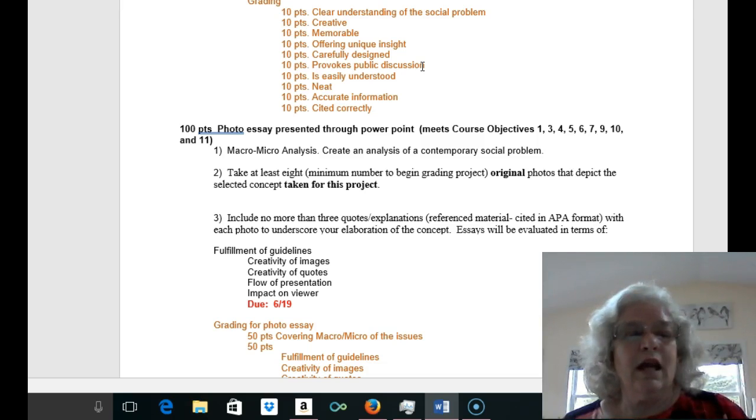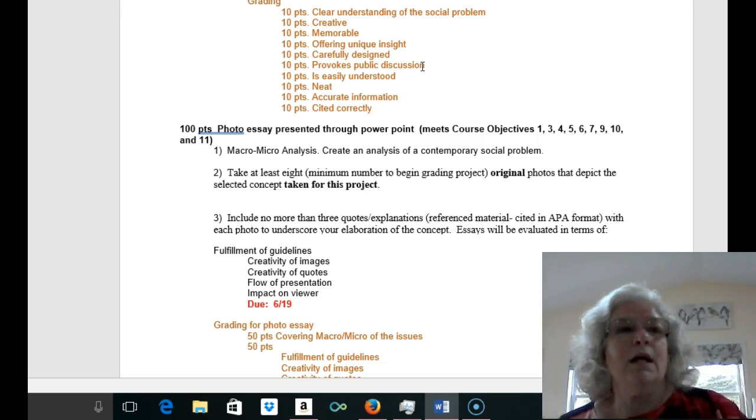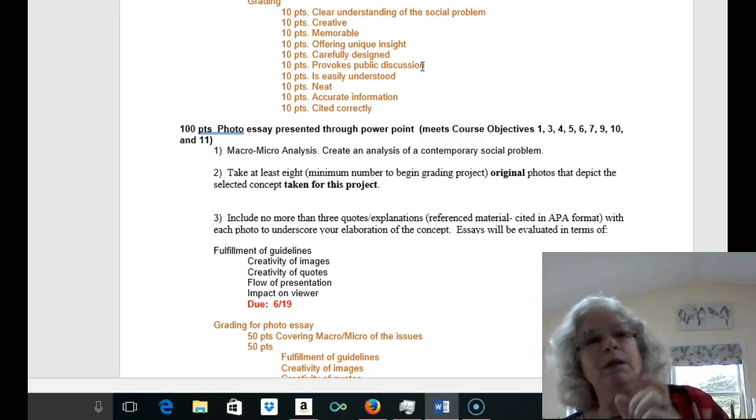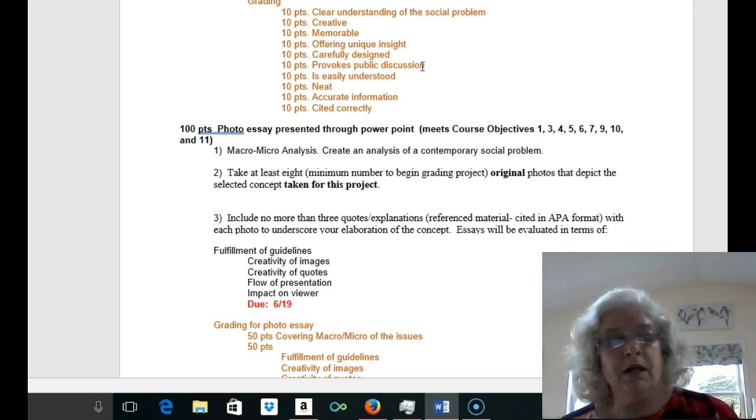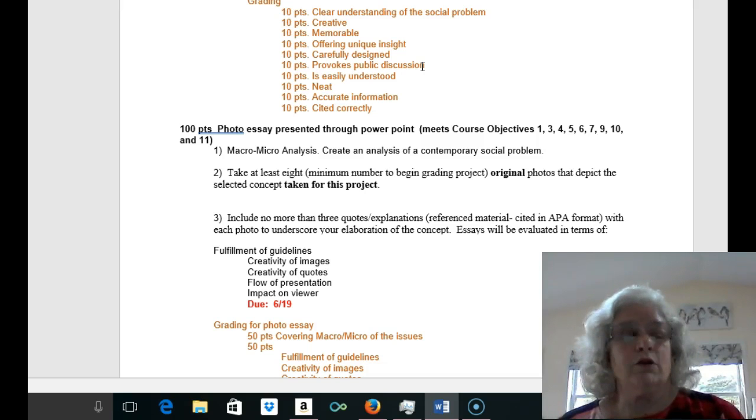You're required to take a minimum, you remember, minimum is the bare basics, is sea level. A minimum number of original photos that depict your social problem that you've chosen and what's going on in that situation. You can include for each picture you take quotes. Those quotes can be from reliable sources, about the situation.